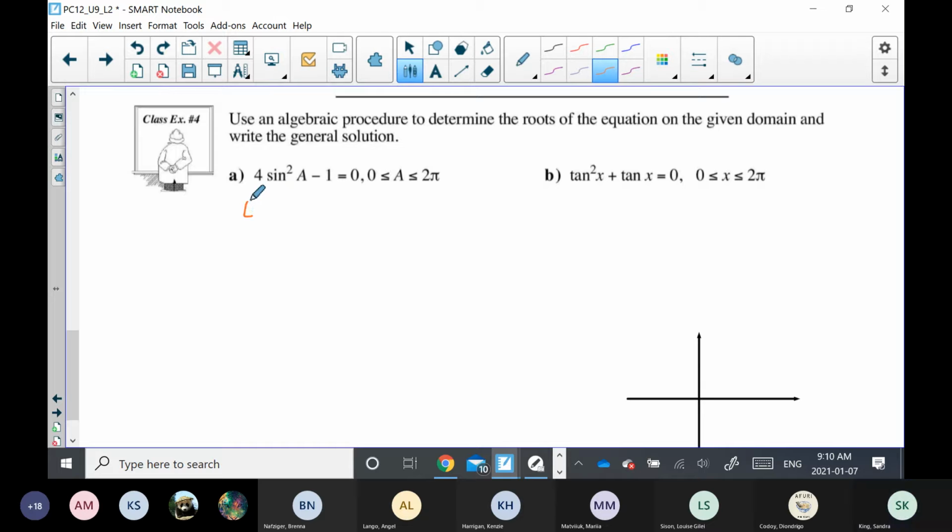So 4b squared, right? Because I'm going to take out that sine of A, or if you want, I'll choose y. So 4y squared minus 1. If I said factor this, two terms separated by a minus. This is a difference of squares.